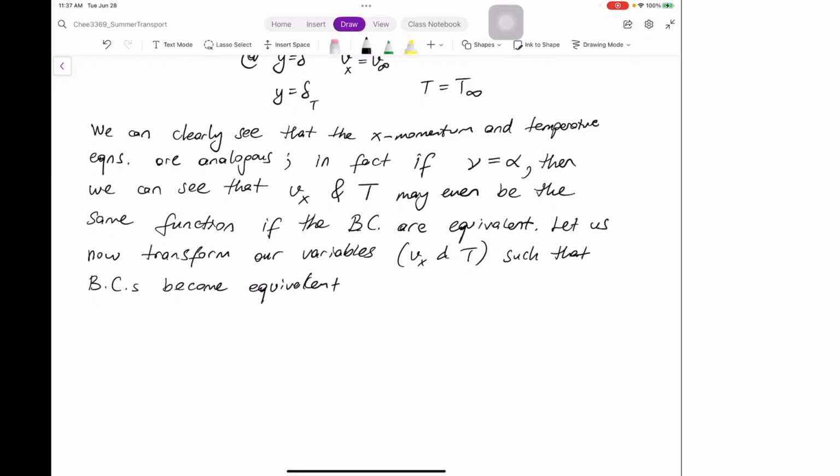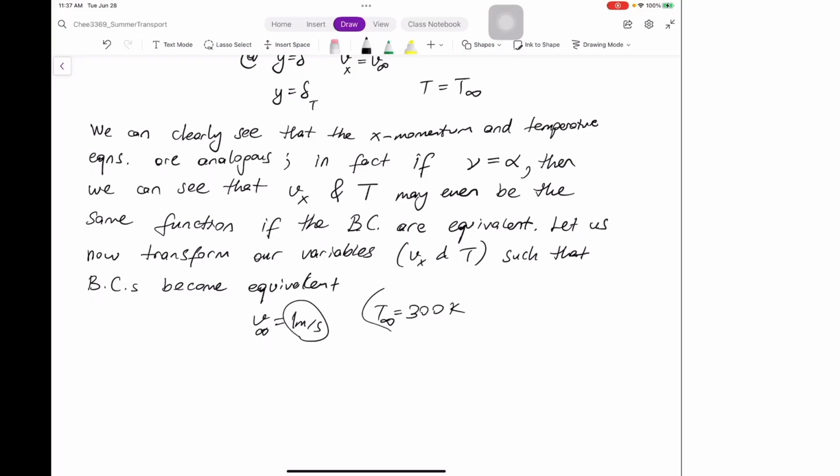So instead of having, for example, 300 Kelvin for the temperature, and for the velocity, for example, 1 meter per second, they are not comparable.